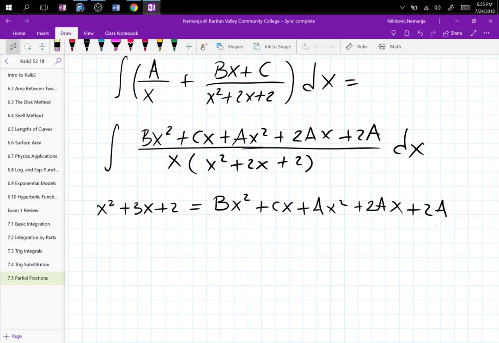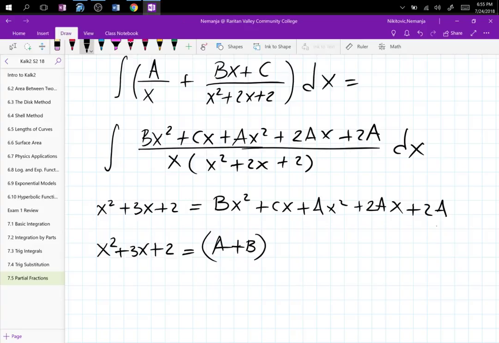All right, we can do this. x squared plus 3x plus 2 is equal to, now I have A plus B as I factor out x squared. And then I have 2A plus C when I factor out x, and then I have plus 2A at the end. So that's gone, that's gone, that's gone. Okay, perfect.